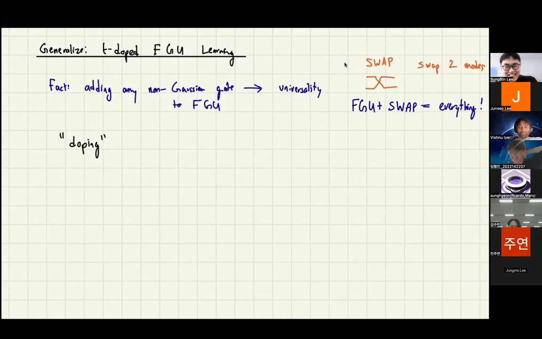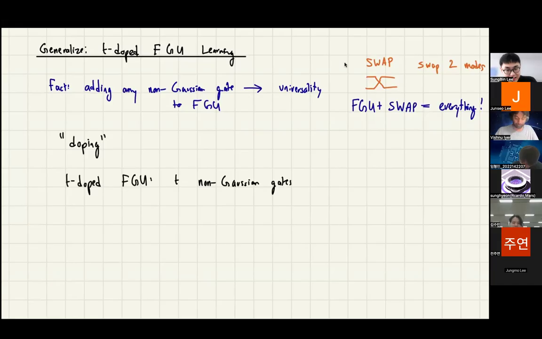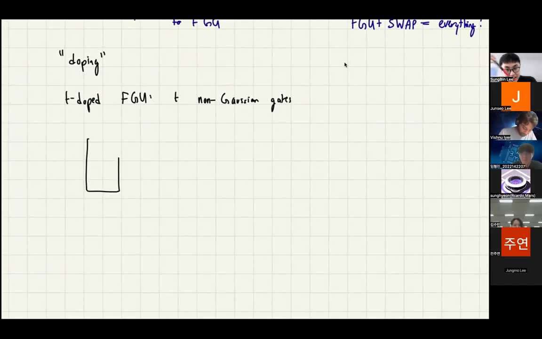So a T-doped fermionic Gaussian unitary uses T non-Gaussian gates. What does this look like? You have a Gaussian unitary G1, and a non-Gaussian gate. Maybe I'll draw all the non-Gaussian gates in orange.